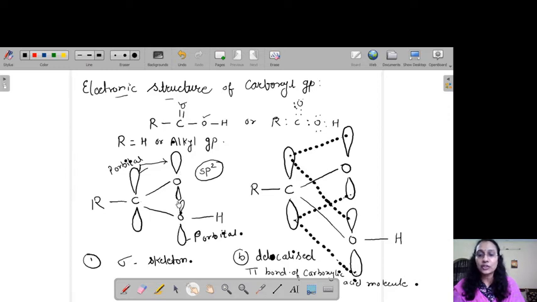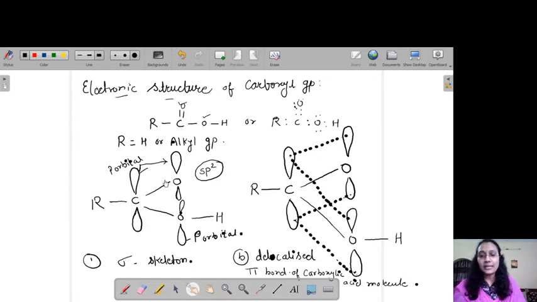of hybridization. The two sp2 hybridized orbitals of the carbonyl carbon atom overlap with one sp2 hybridized orbital of each oxygen atom, while the third sp2 hybridized orbital of this carbon overlaps with the s orbital of the hydrogen atom or the sp3 hybridized orbital of the carbon atom of the alkyl group to form the sigma bond.